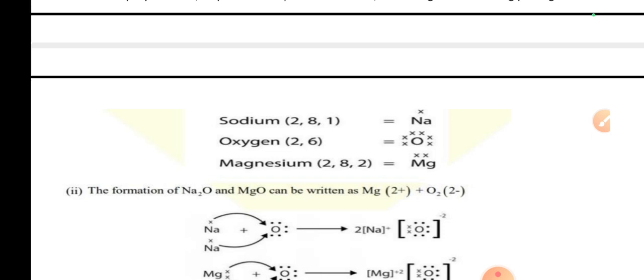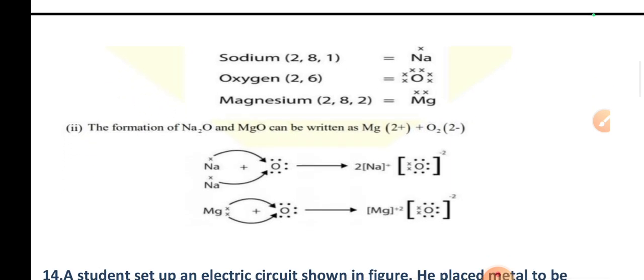Metals donate electrons, so whatever electrons are in the outermost shell are donated. That's why Mg becomes Mg 2+.